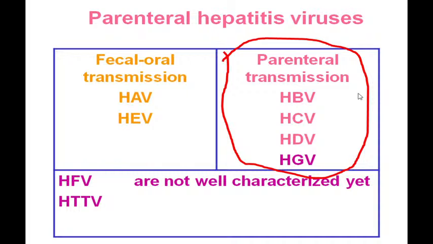This is transmission by any route, really, but not through the GIT, because they are all complex viruses within a fragile envelope with glycoproteins. So that's why those fragile membranes can be very easily destroyed or inactivated. So they will be very quickly inactivated in the GIT.